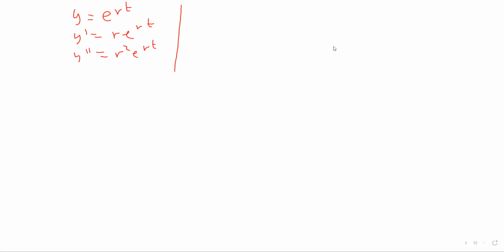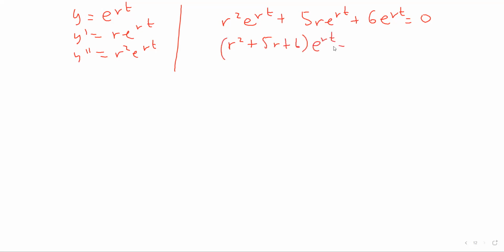In that case, we will have r squared e to the power rt plus 5 r e to the power rt plus 6 e to the power rt is equal to 0. Then we have r squared plus 5r plus 6, times e to the power rt, is equal to 0.